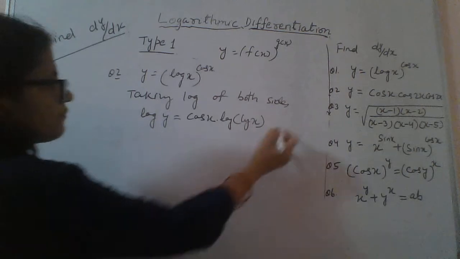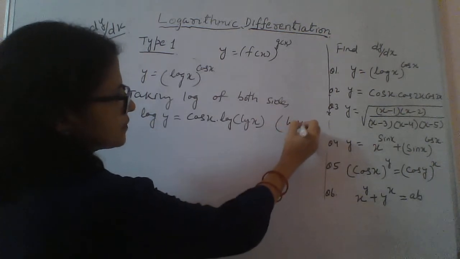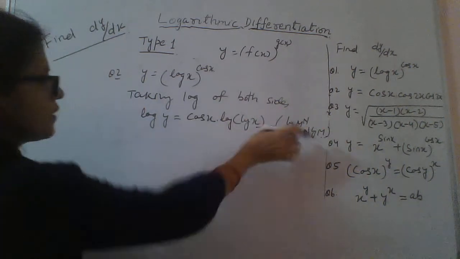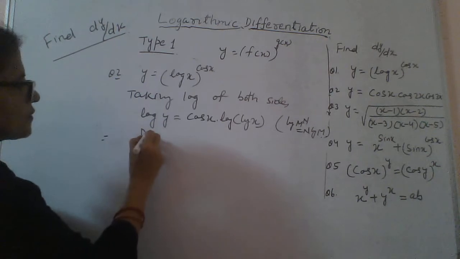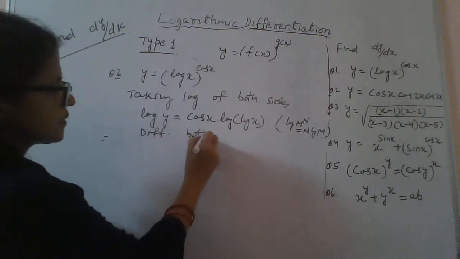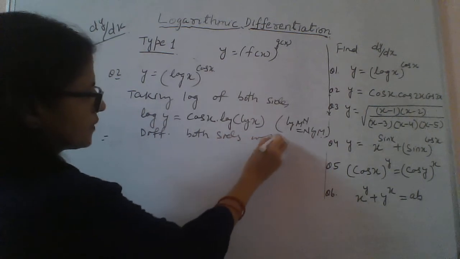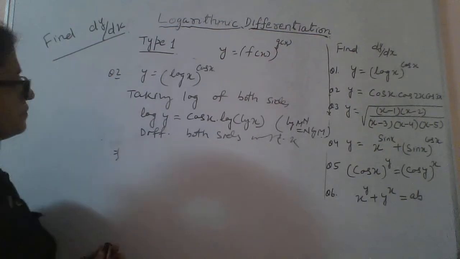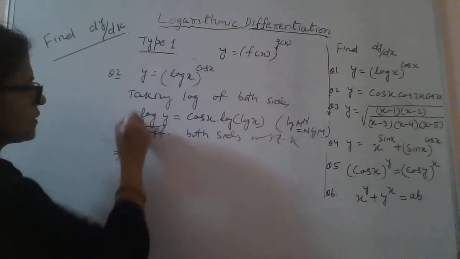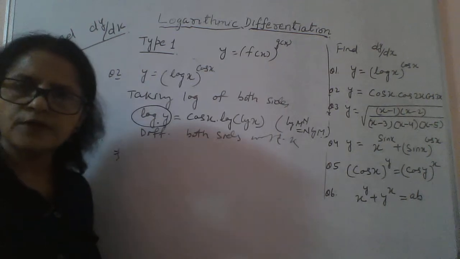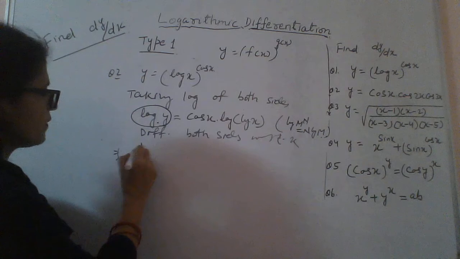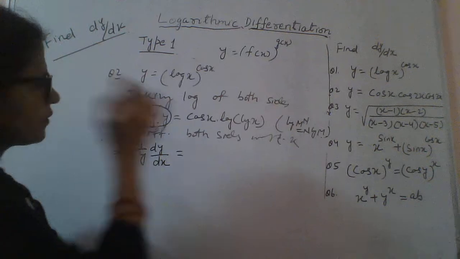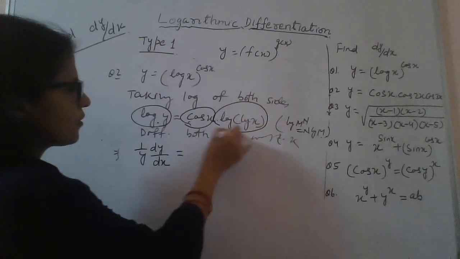Now differentiating both sides with respect to x. As I said earlier, log y with respect to y, with respect to x, gives 1 by y dy by dx, equals, here you have cos x into log of log x.